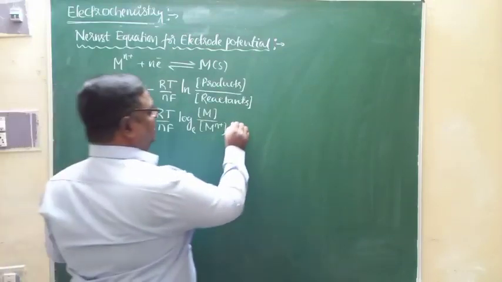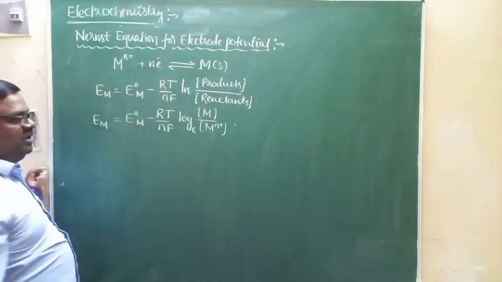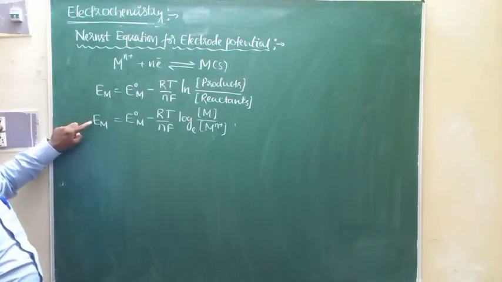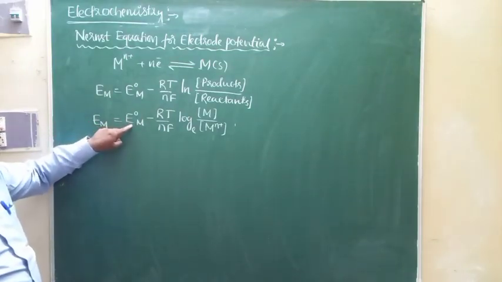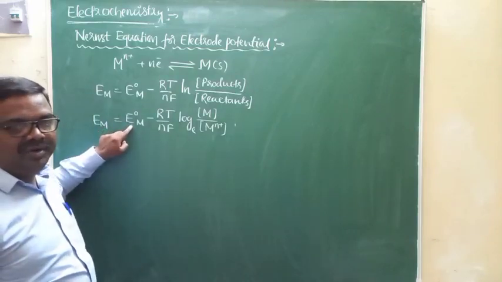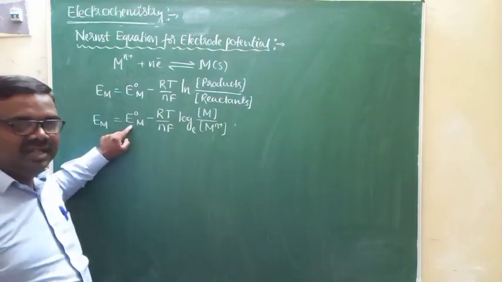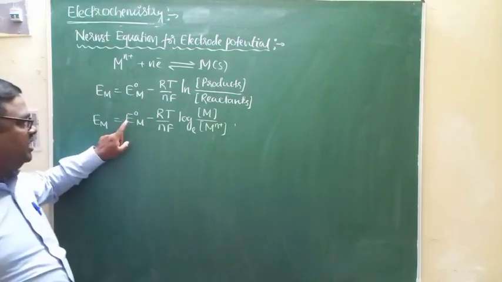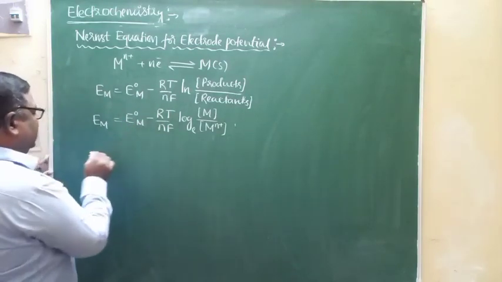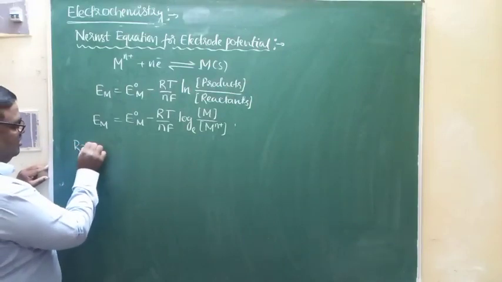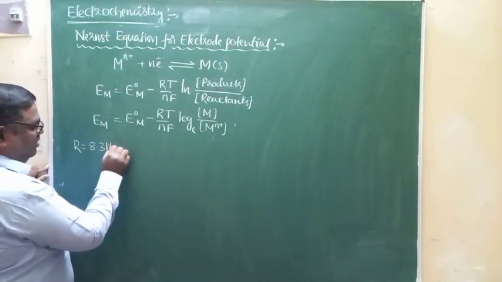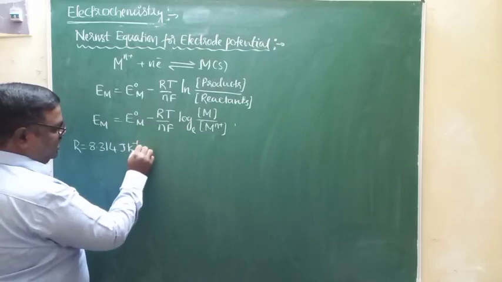And of course, as far as this particular Nernst equation is concerned, E_M is the electrode potential, and E naught M is the standard electrode potential, that is from the electrochemical series. Every electrode system is characterized by a standard electrode potential, that is E naught M. R is the gas constant, you know that R is equal to 8.314 joules per kelvin per mole.